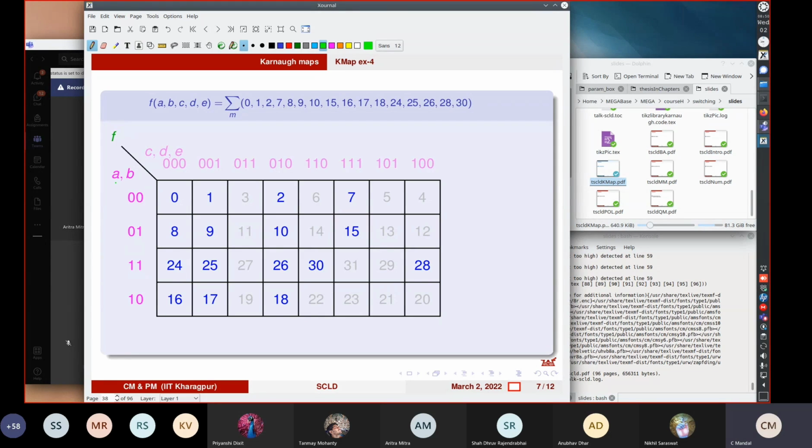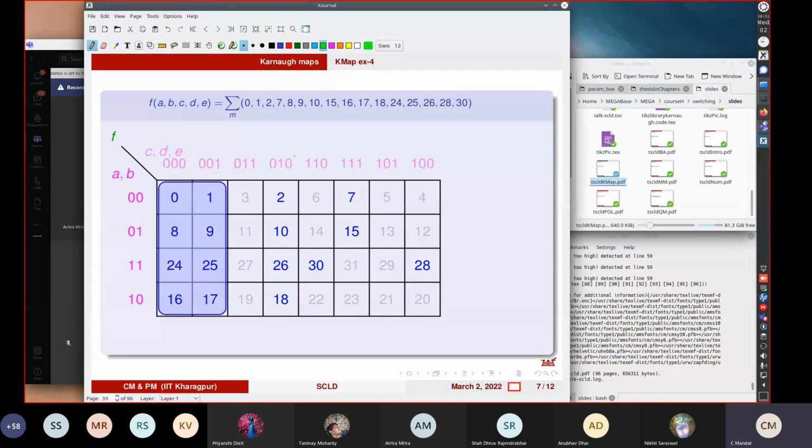So note that, this is of course a very obvious grouping. The important thing to note is that this column and this column can be grouped together, because if you see, this and this are differing by exactly 1 bit.